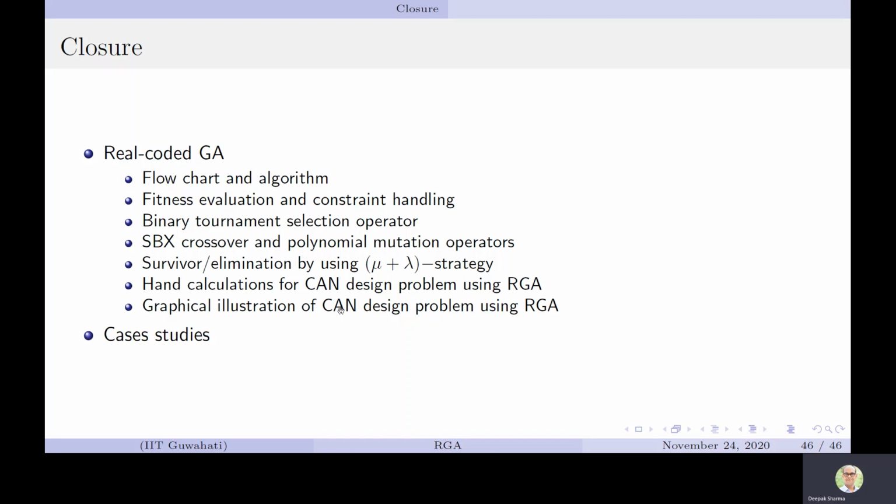We understood each and everything by solving the CAN design problem for one generation, and we showed the CAN problem graphically. Thereafter, we discussed three practical optimization problems from the domain of mechanical engineering. The main objective was that for these problems, we don't know where the optima is, but as of now, GA and other evolutionary algorithms show the best solution so far in the literature.